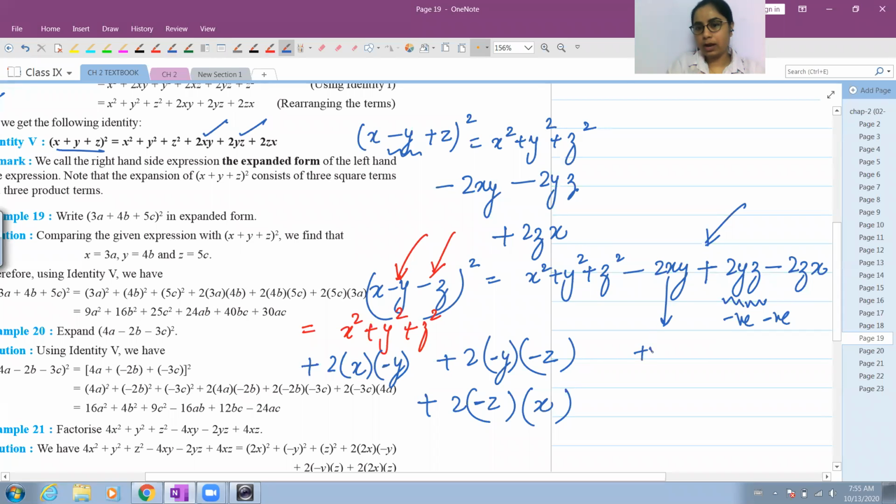Whereas over here you had a positive term multiplied with a negative term. Similarly, in the last one, you had a positive term multiplied with the negative term.